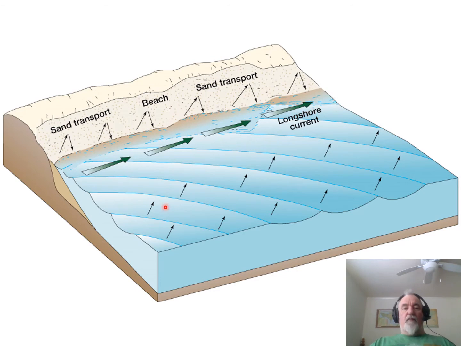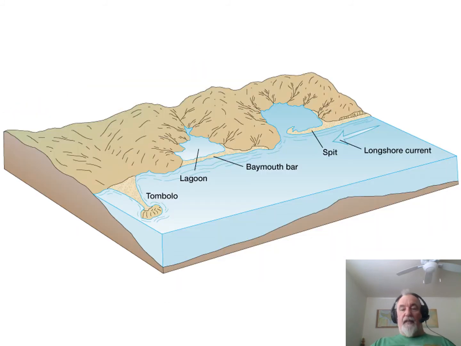And we get sediment transported along beaches this way also. So sediment might be fed in from a river on the left side of the diagram and then moved back and forth in the swash zone along the beaches, but slowly, ever so slowly, moving from left to right along with this longshore current. What that can do, in this case of this diagram, the movement would have been from right to left.